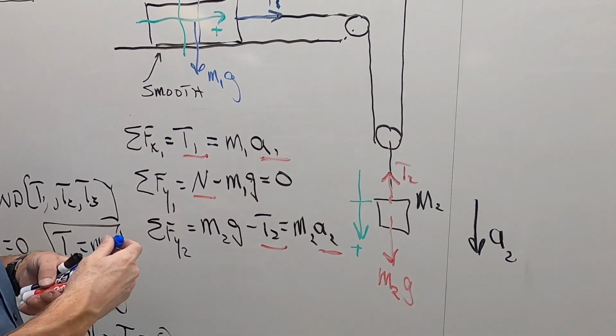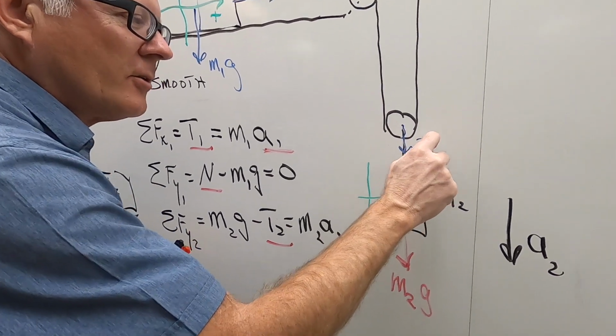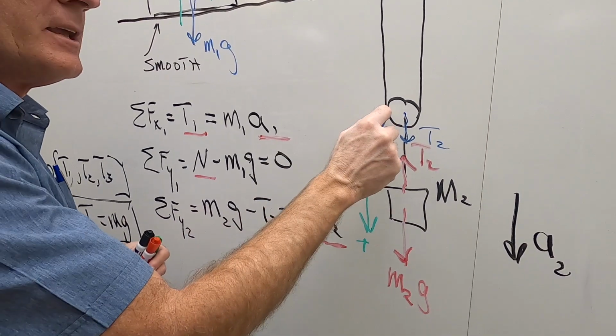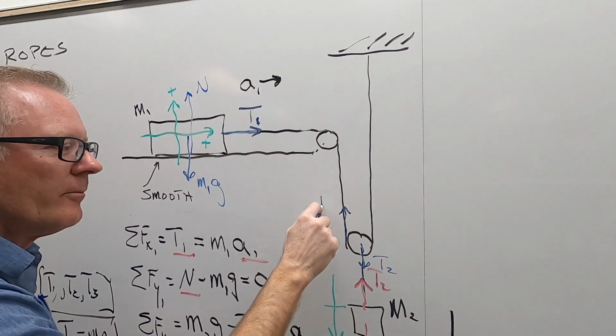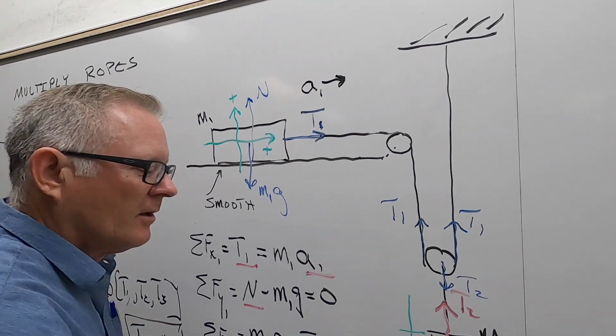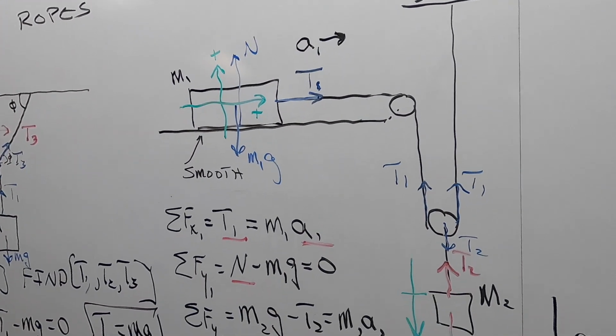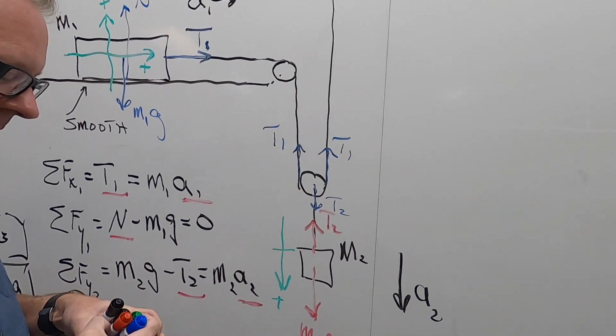So if we were to take the forces on that pulley, we would say, oh, there's a T2 going down. Remember, it's always away from the object. You'd have a T1, it's all the same rope, T1, you'd have another T1. Okay, so now let's call down positive since it's accelerating downward.